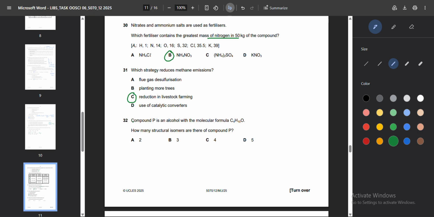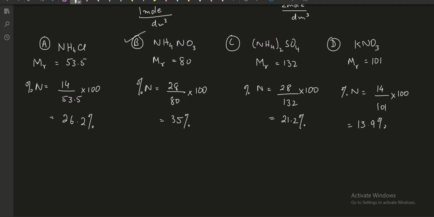Now next one is, the compound P is an alcohol with molecular formula C4H10O. How many structural isomers are there of compound P? 2, 3, 4 and 5. So we can make the isomers of C4H10O.